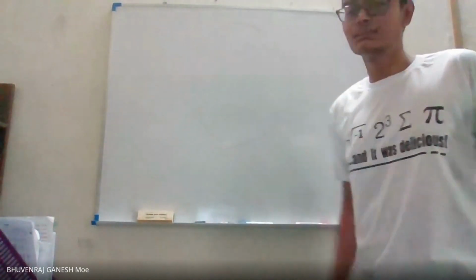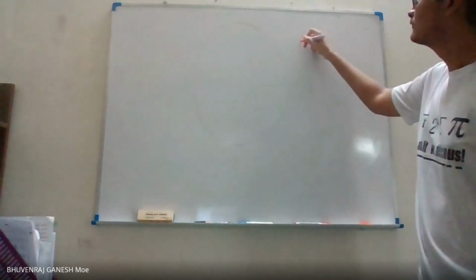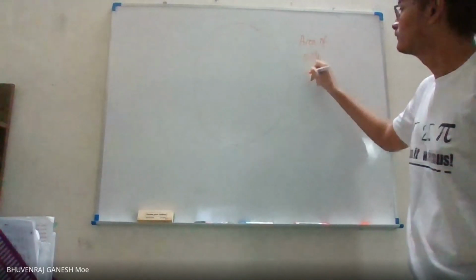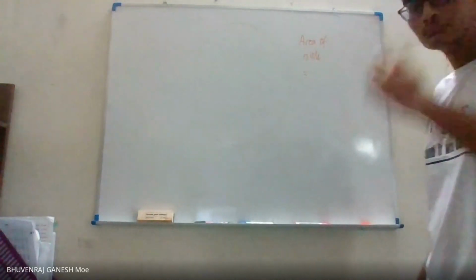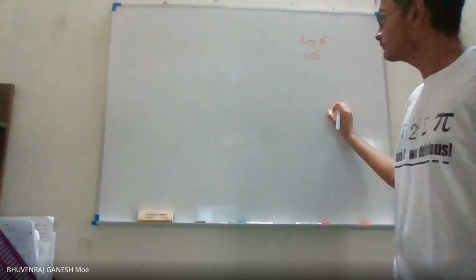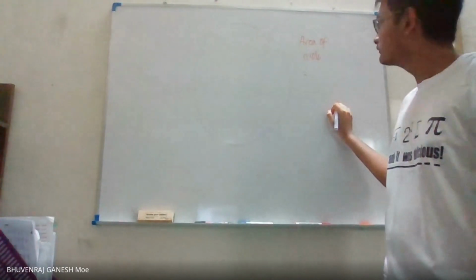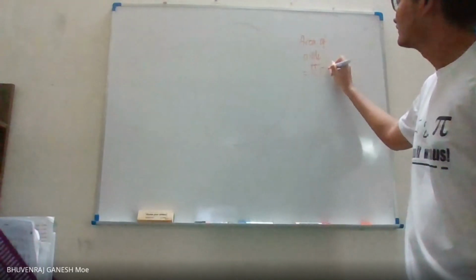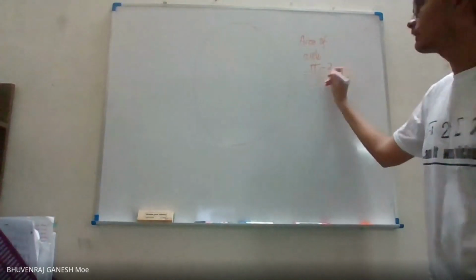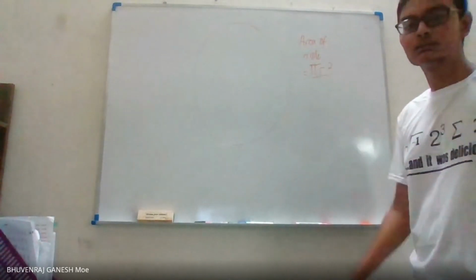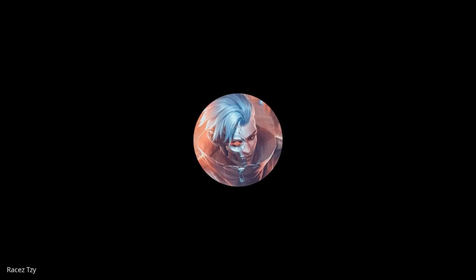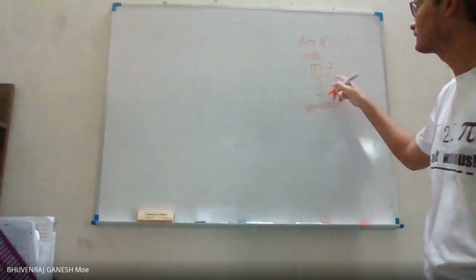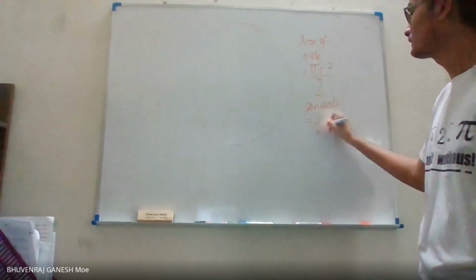What is the circle formula? Not the angle, the formula. Pi r square. So if I give you this info, semicircle, how will you modify this pi r square? 1/2 pi r square. Yeah, very good. So always remember your basic formula, because without this you cannot go to semicircle. So it's 1/2 pi r square.